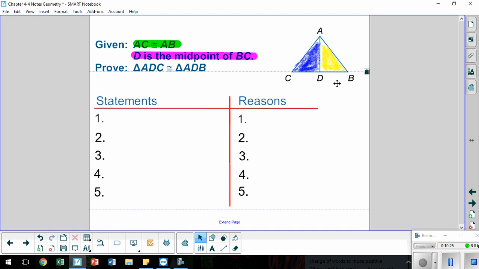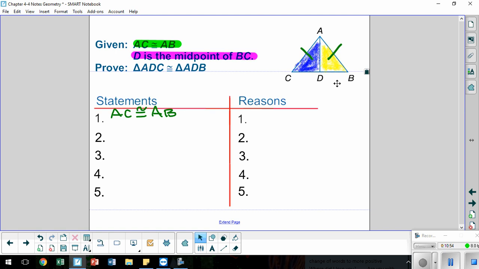One by one, do the reason. So let's look at the first one. AC is congruent to AB. Okay. Is this guy right there and that guy right there congruent? Is there something else?